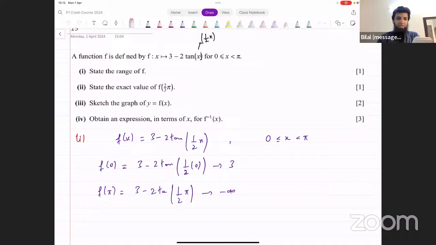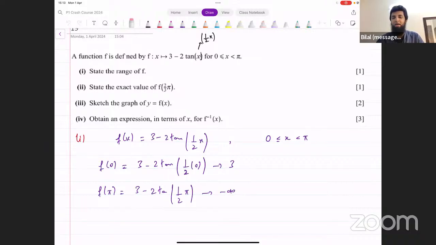Now, if I start from 0 and end at pi, and take a step of, let's say, pi over 8 or pi over 16, a small step, and make a table, you can see the pattern in the table. So I'm getting values like this: 3, 2.8, 2.6, 2.3 for values of y, 2.17, 1.9, and so on. It goes to minus 0.741, then minus 1.28, minus 3, minus 7, minus 17. So it's going in the negative direction.